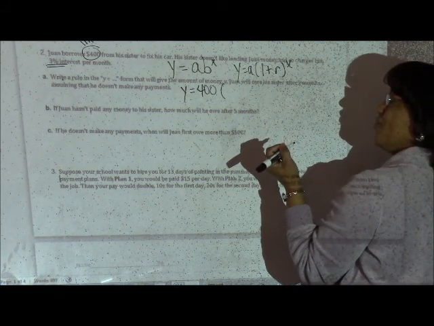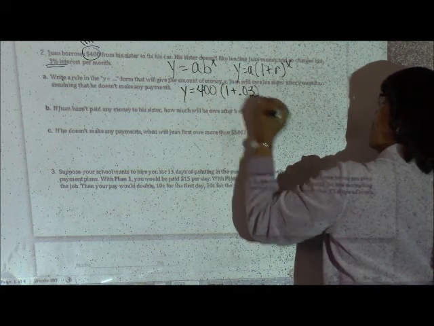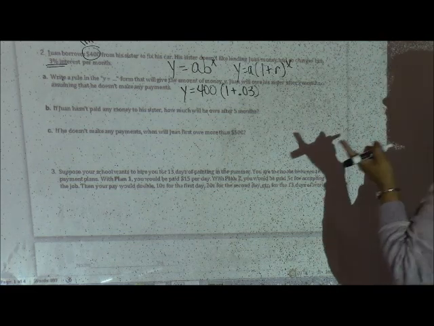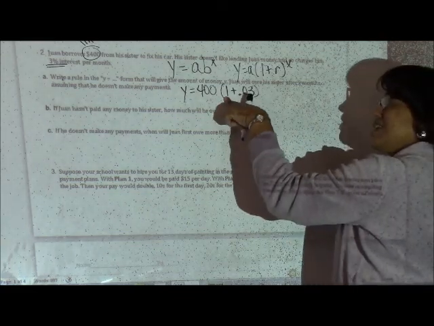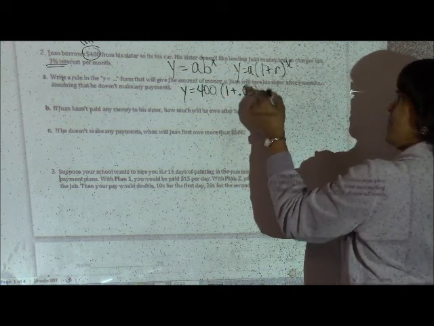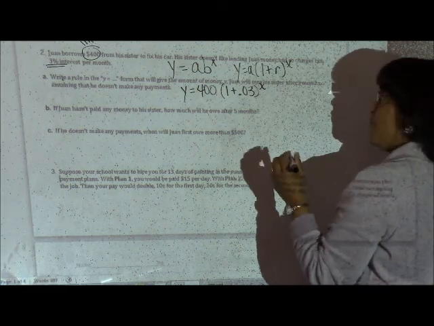It's an interest rate of 3%, so it's 100% plus 3%. But why did I write it like that? Because you have to write it as a decimal. So 100% as a decimal is 1, and 3% as a decimal is 0.03, and we want to go to the x power.